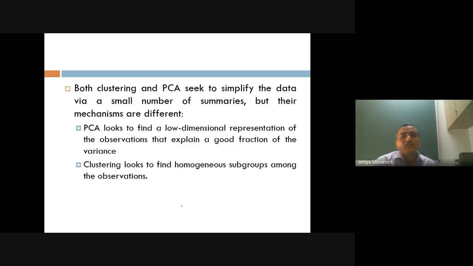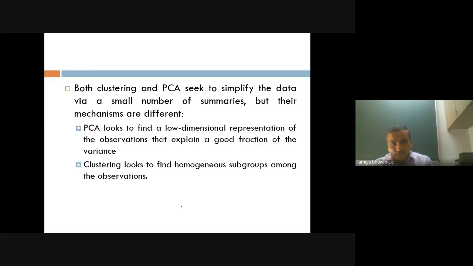What is PCA? We have just learned it in greater detail. Both clustering and PCA seek to simplify the data via a small number of summaries. There also we have seen that many of the variables are clubbed into a single principal component, so we can save a lot of columns.